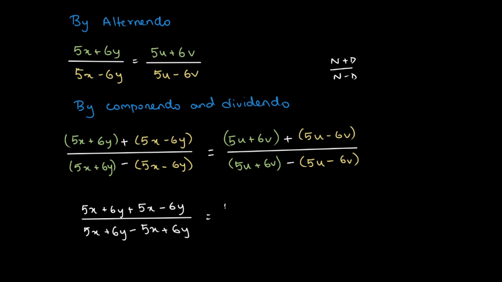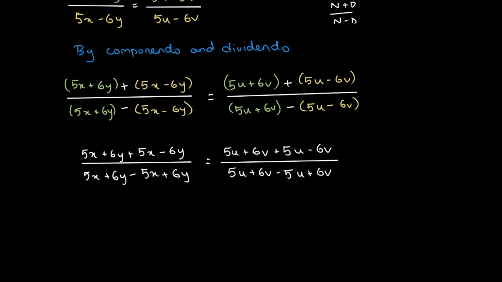Similar thing on my right hand side, I have 5u plus 6v plus 5u minus 6v in the numerator. Divide the entire thing by 5u plus 6v, and again it's a minus sign here, so the signs will change. Minus 5u plus 6v.